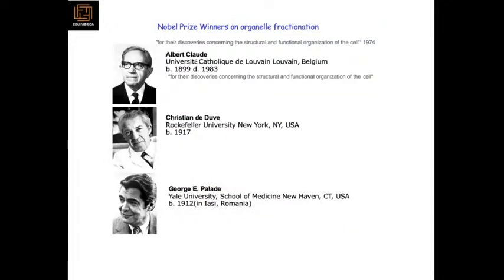Then organelle fractionation, that is, to differentiate between different organelles. It was shared by 3 scientists concerning the structural and functional organization of the cell: Albert Claude, Christian de Duve, George E. Palade, from the School of Medicine, New Haven, Yale University, Rockefeller University, and Université Catholique de Louvain, Belgium.